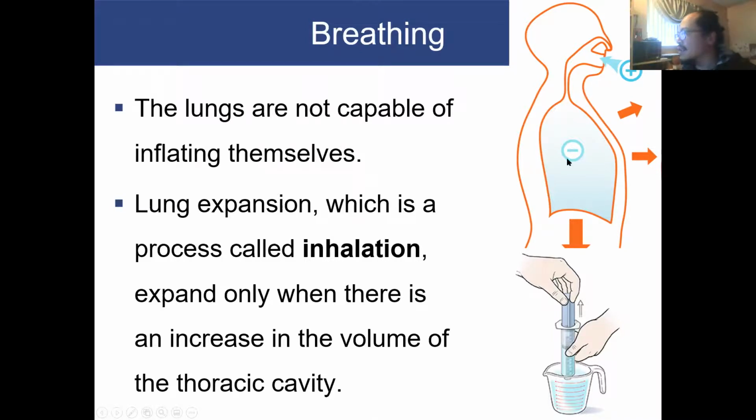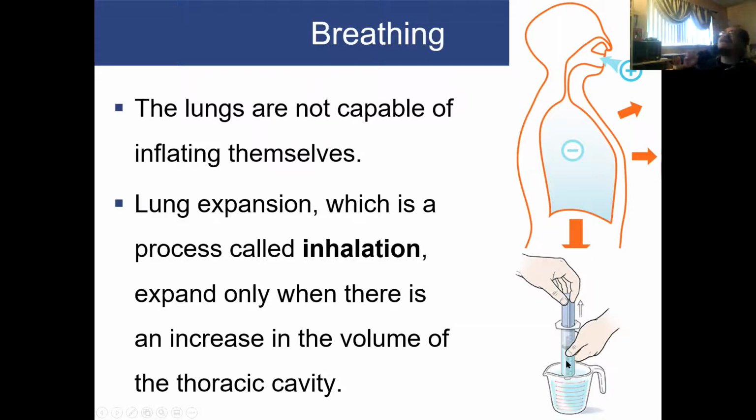So the idea is that here, this is the lung. The way we breathe in is that we expand this cavity by moving our chest, then the air will go in. It's very much like how you draw water using a syringe. You expand this space, and when you increase the space, the water is drawn in.